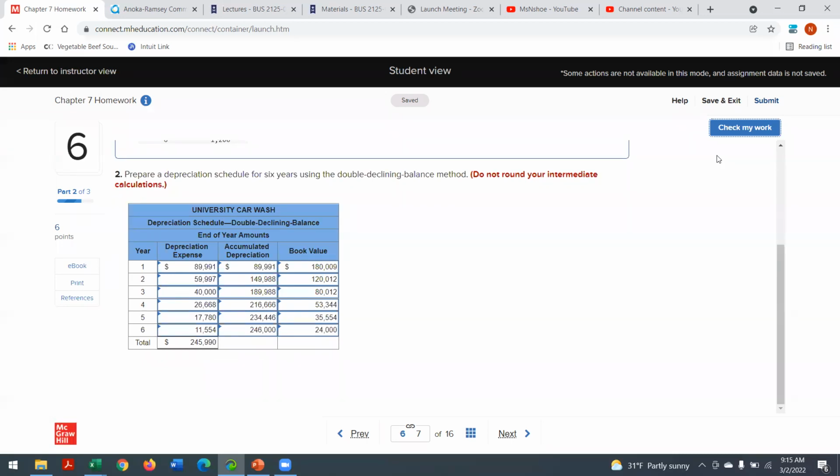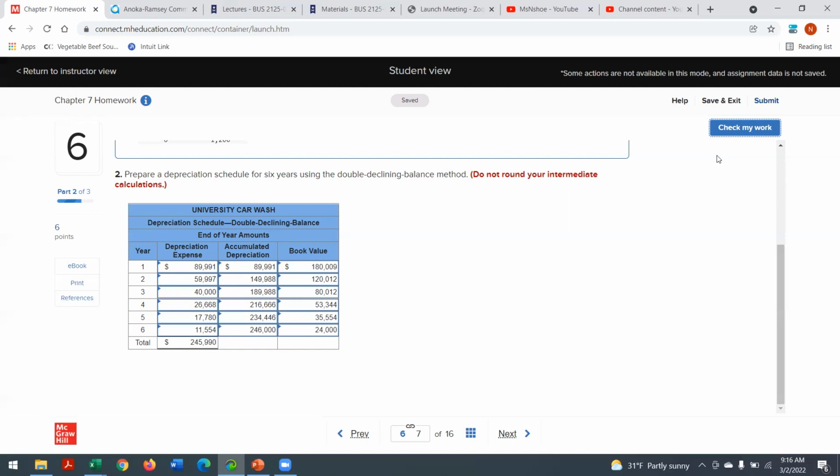Just to understand, when you do double declining, you take the cost and you multiply it times the straight line rate times 2. Then that's your depreciation. In the first year, that will also be your accumulated depreciation. You take the cost of the asset minus your accumulated depreciation to come up with your book value.